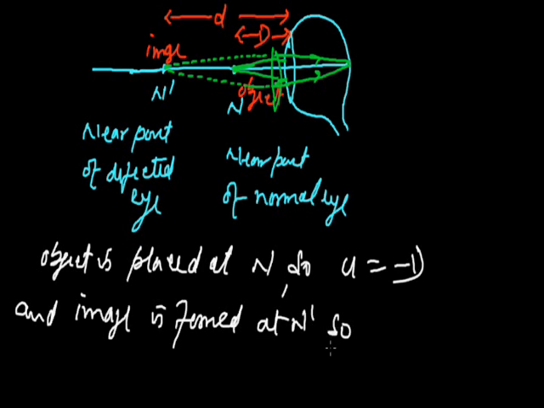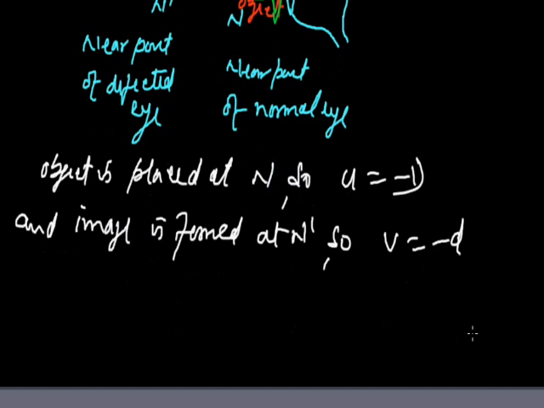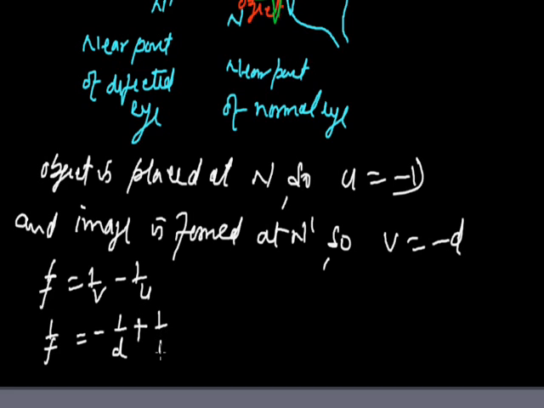So v will be minus D. By the lens formula, 1 upon f is 1 upon v minus 1 upon u, or 1 upon f is 1 upon D with negative sign, plus 1 upon small d.